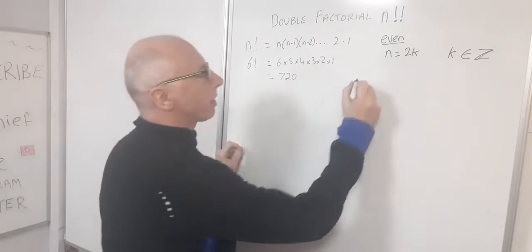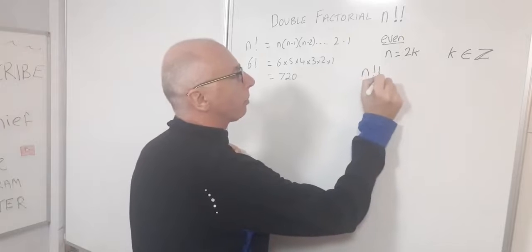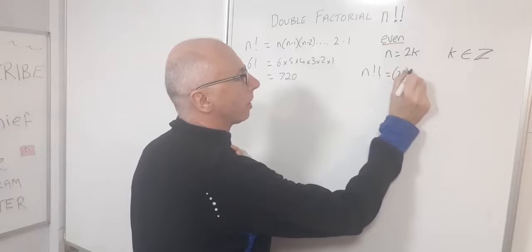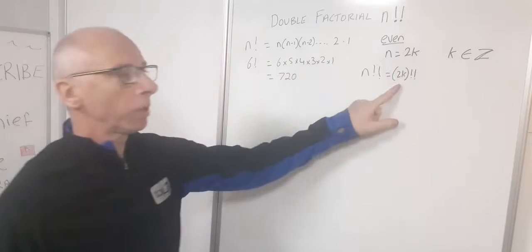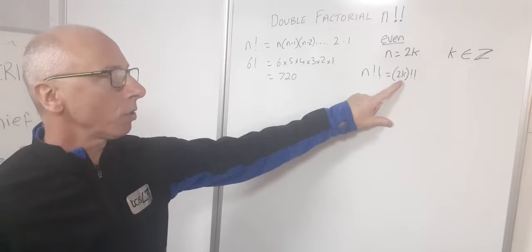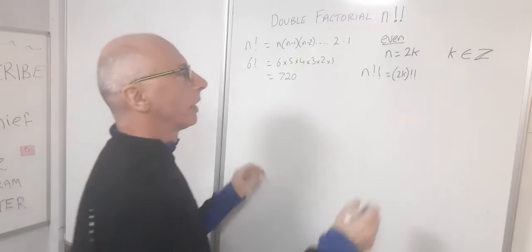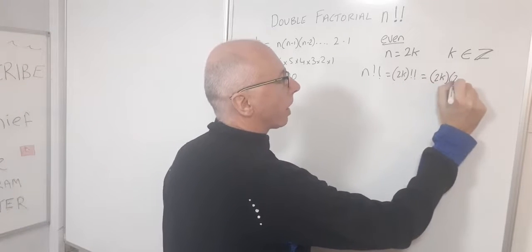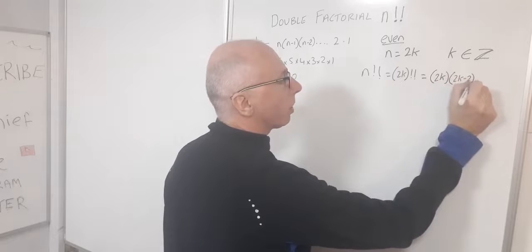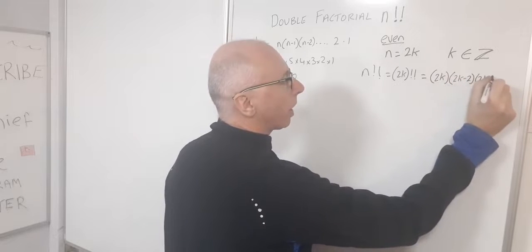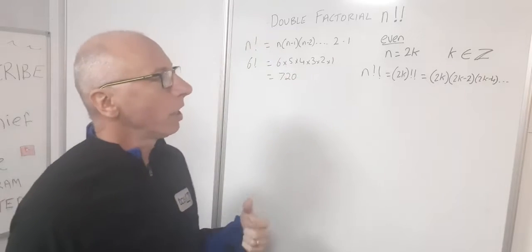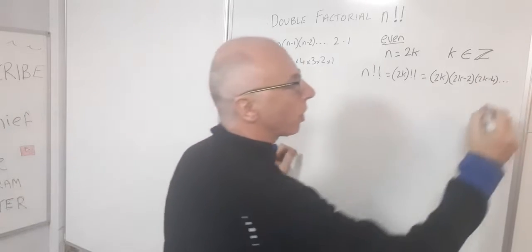So in this case, n double factorial would equal (2k) double factorial. Remember to put that in brackets, otherwise it just means 2 times k double factorial. This becomes 2k times 2k minus 2, 2k minus 4, and all the way along. And as it's even numbers, our last couple of numbers are going to be 4 and 2.